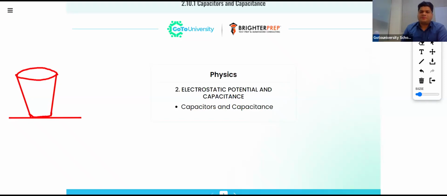If you're trying to pour the water, it can be poured only up to this point. After that, what will happen? After that, there will be leakage.